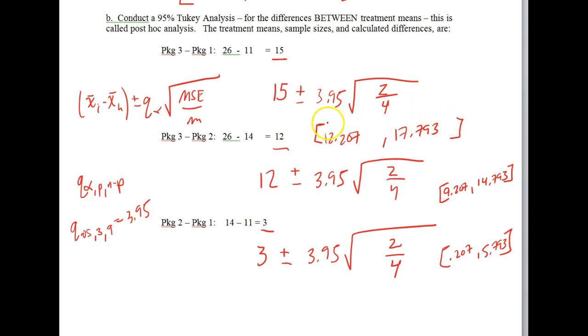Because this is a 95% confidence interval on where we think the population mean difference is. We're 95% confident that the difference in those two means is between 12 and 18. Whereas for package 2 and package 1, we're 95% confident that the difference between those means is between 0.2 and 5.8, essentially.